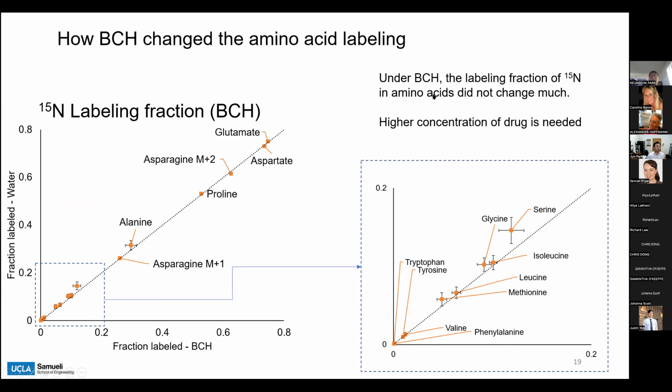For the second experiment, we observed the labeling patterns of different amino acids and carbons also. But for this, I am showing the 15N labeling fraction under the drug BCH, which is an amino acid uptake inhibitor. Before going on to this figure, the x-axis is the fraction labeled of 15N in different metabolites under the amino acid uptake inhibitor, and the y-axis is the reference without any drugs.